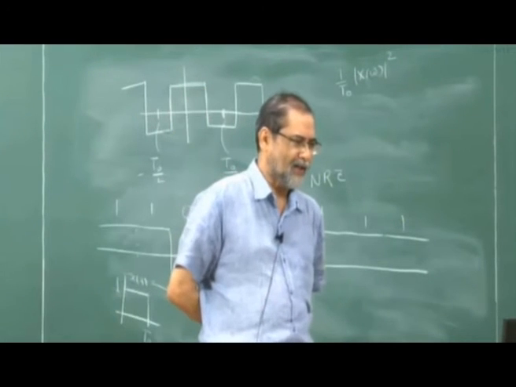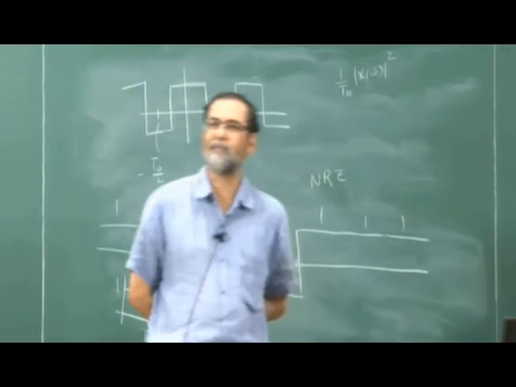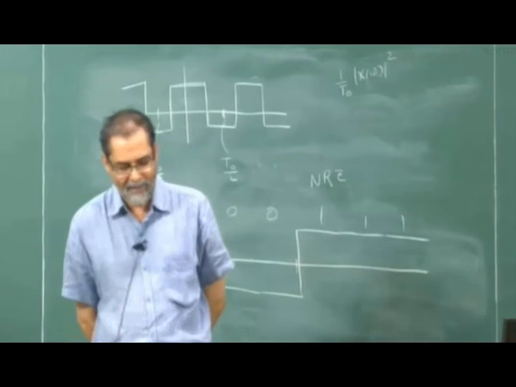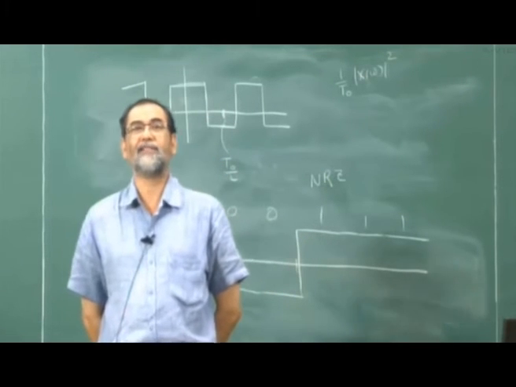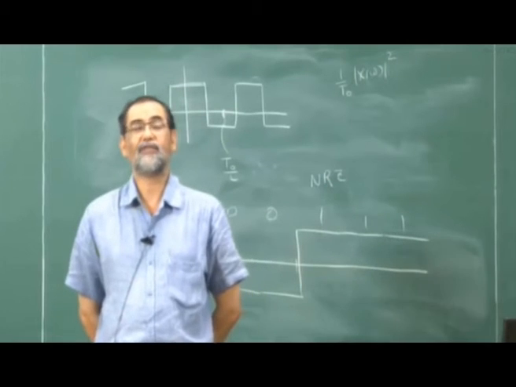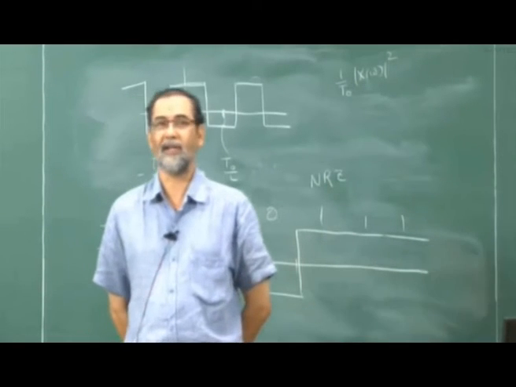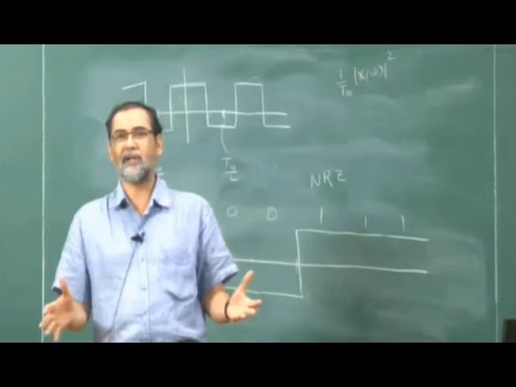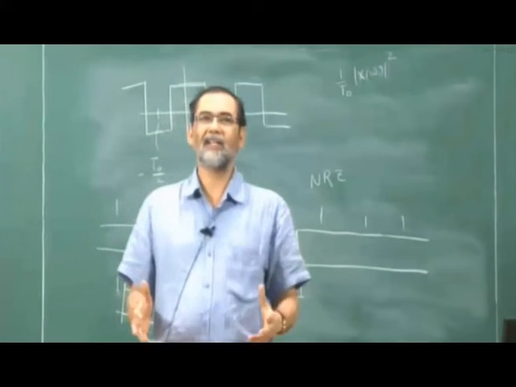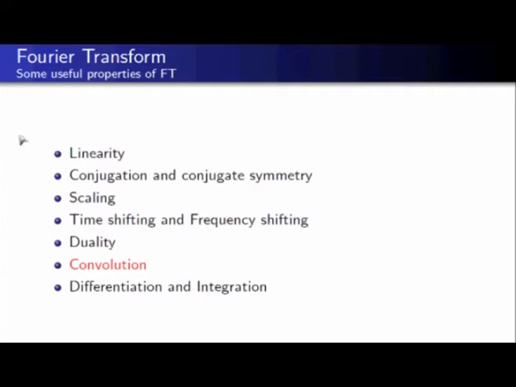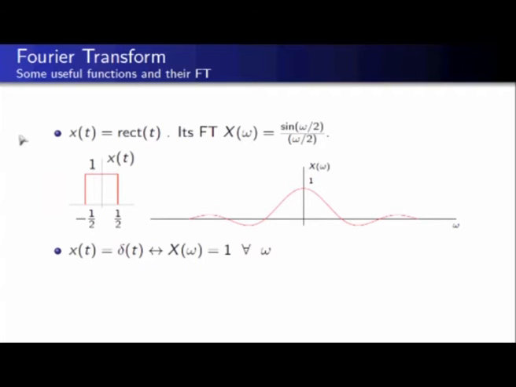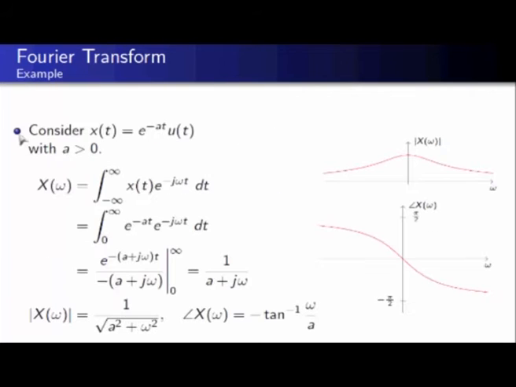Then the second property I've listed here is conjugation and conjugate symmetry. What it means is, if x of t is real, then its Fourier transform has conjugate symmetry. Its magnitude is even symmetric, its phase is odd symmetric. Let me take you back to the example I had shown here, right?